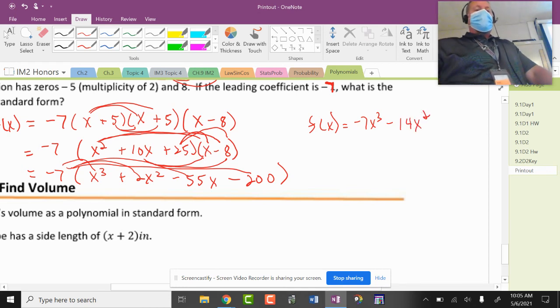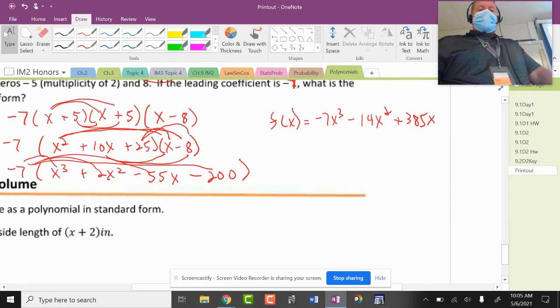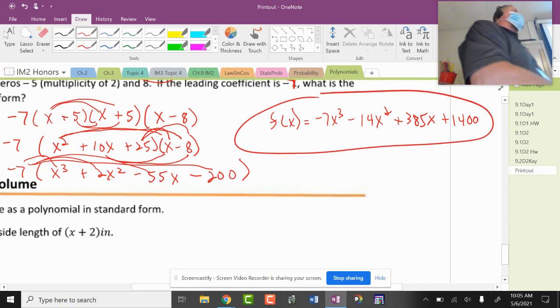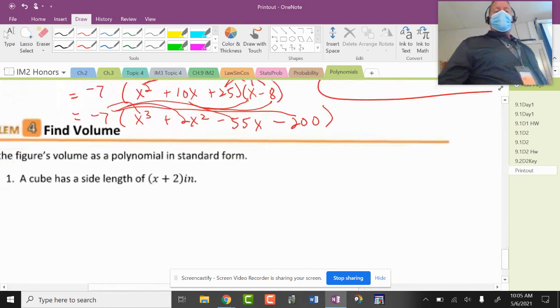What's 7 times 55? 350 and 35, 385, and it is positive. And then that's easy. That's 1400, and it is positive. So that's all it means, a leading coefficient. It just has to be distributed at the end. And wait till the end. Makes your foiling easier in the middle.